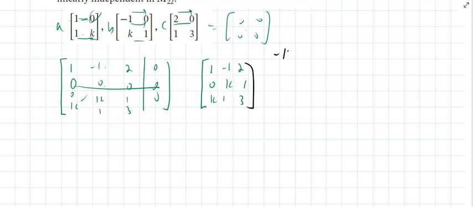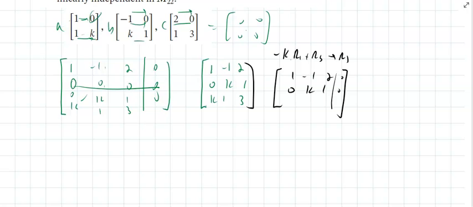So if they take negative k row 1 plus row 3 and row 3, what would happen? Of course, if there's a line, that will be 0 still. And negative 1 times k is negative k plus k is 0. Negative 1 times negative k is positive k, 1 plus k. And negative k times 2 is negative 2k, and this will be 3 minus, what did I say it was?